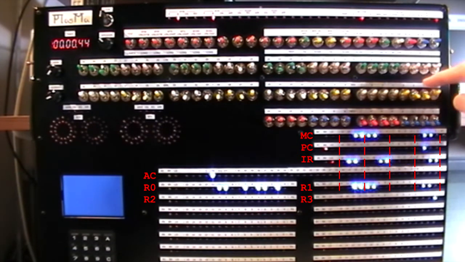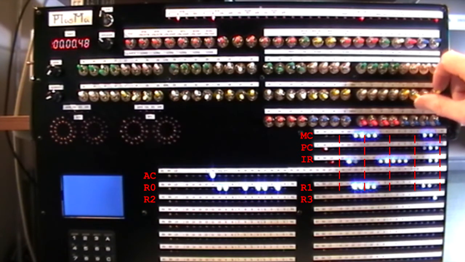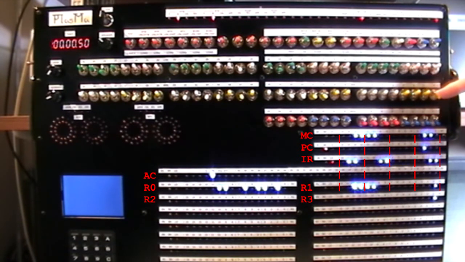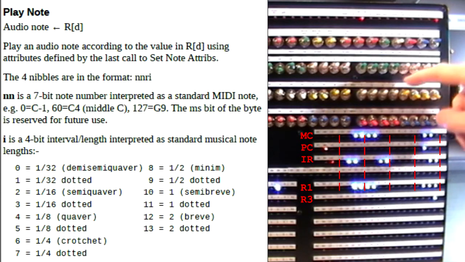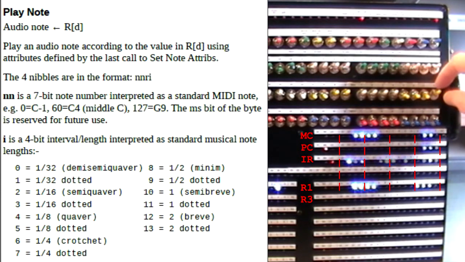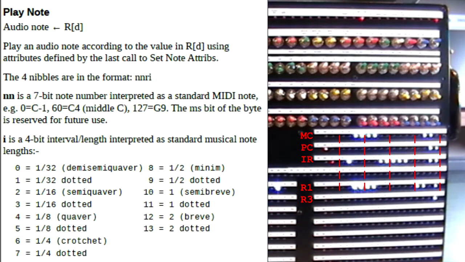Okay, and finally the note length, which are these 4 bits here. This is the smallest, oh no, that's the smallest it would go, a 30-second note, a demi-semi-quaver, and we can go up to 13, I think, 12, 13.